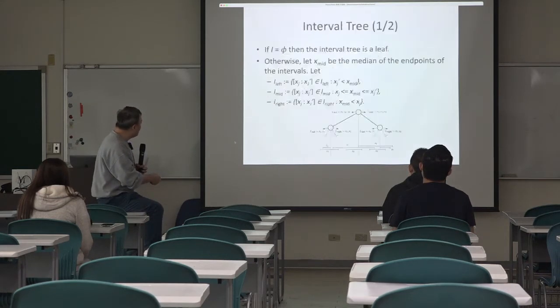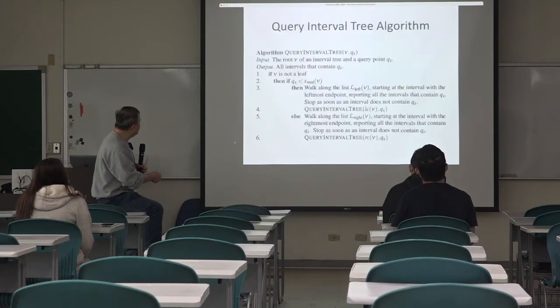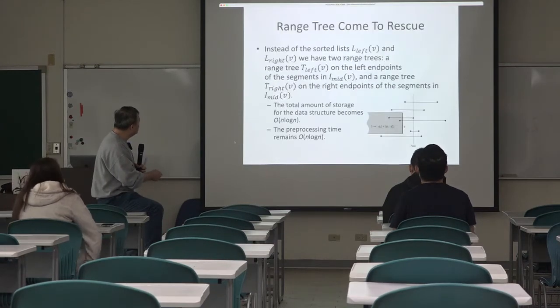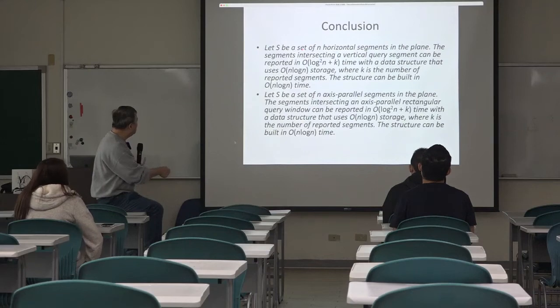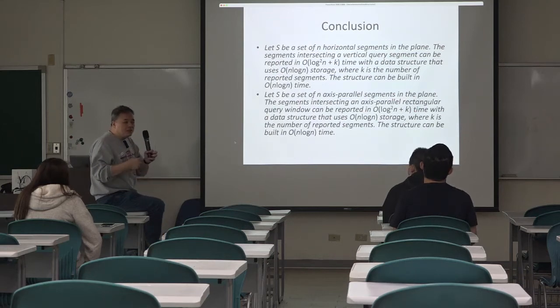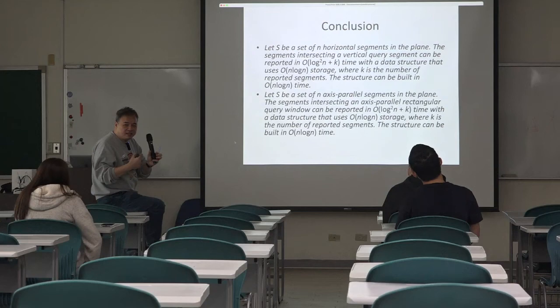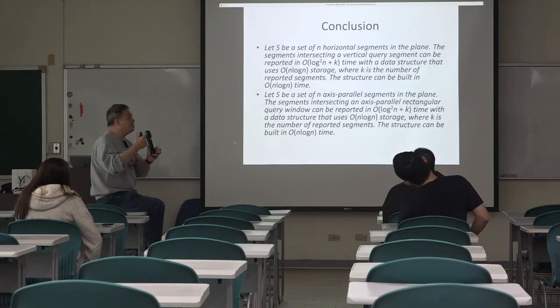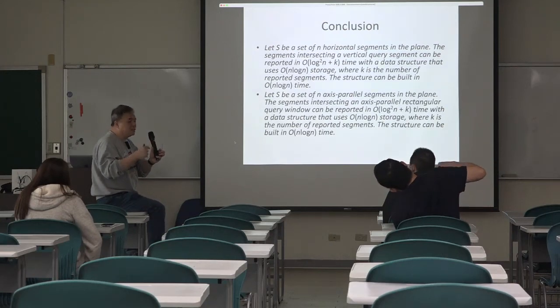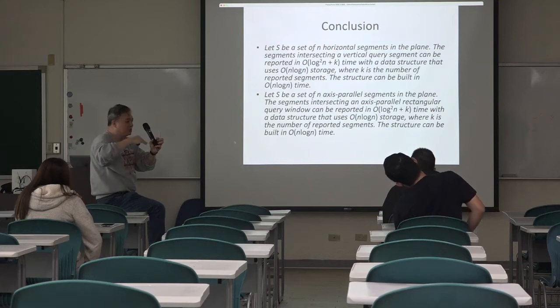That is the reason why in the conclusion you can see the query time is log n squared plus k. This log n squared plus k is not caused by the first two cases and part of the fourth case.